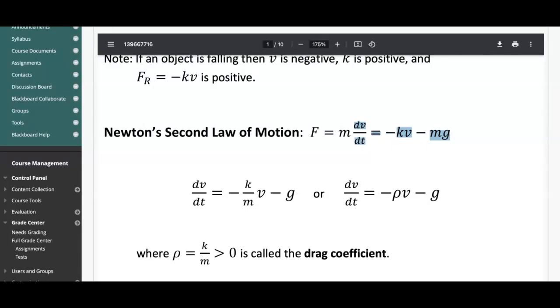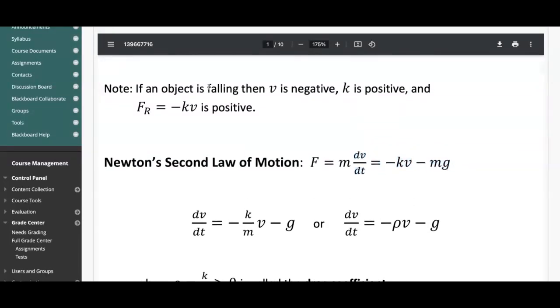Yes, we're talking about the falling case. Do you have a question? I was just going to say, shouldn't it be positive kv minus mg? No, k itself is positive, but negative k represents the air resistance. It's because v is negative. k itself is positive, but v is negative. So negative times v is positive.